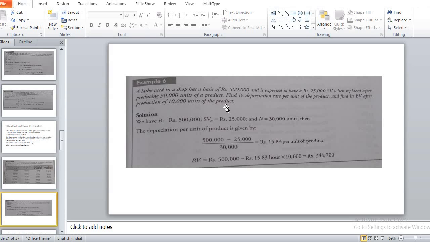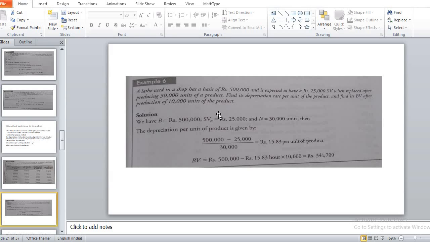So here they ask to find the depreciation rate per unit of that product, and its book value after production of 10,000 units of that particular product.